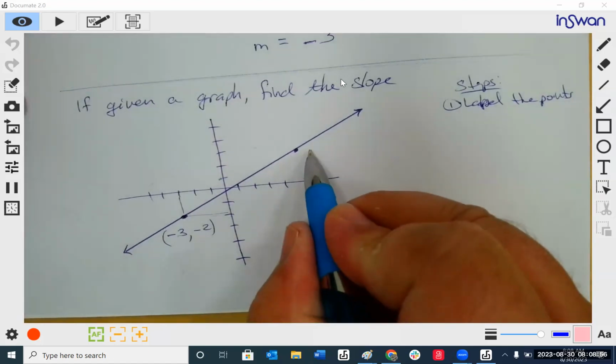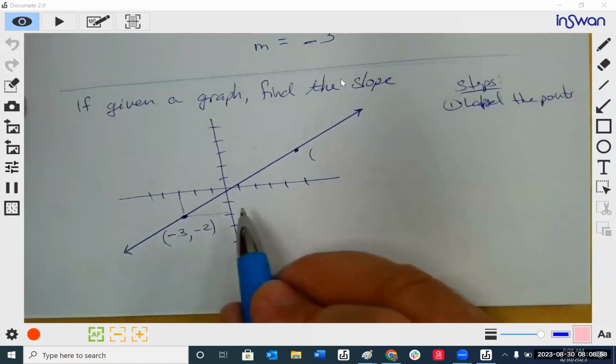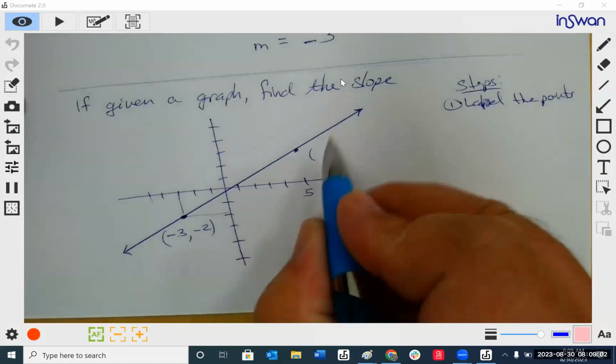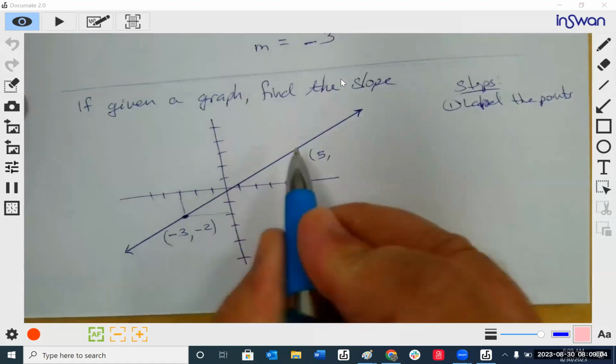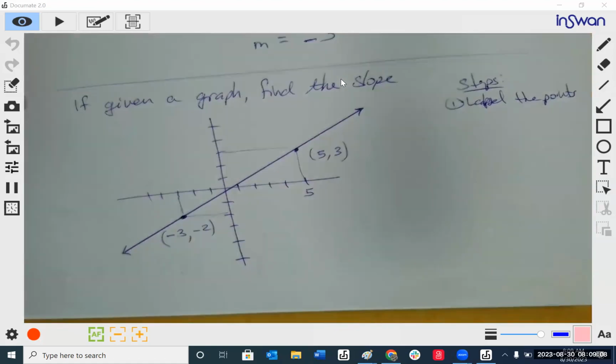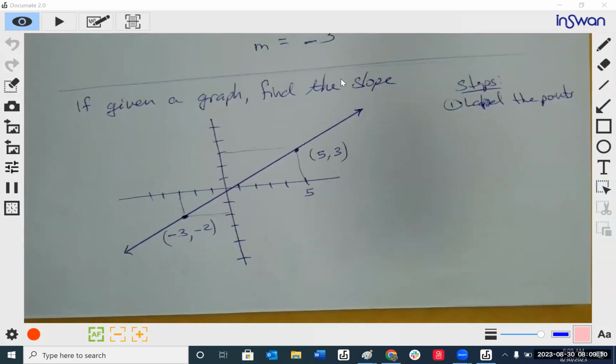And what's this location? Yeah, if you have graph paper, it's much easier. So okay, we label the points.